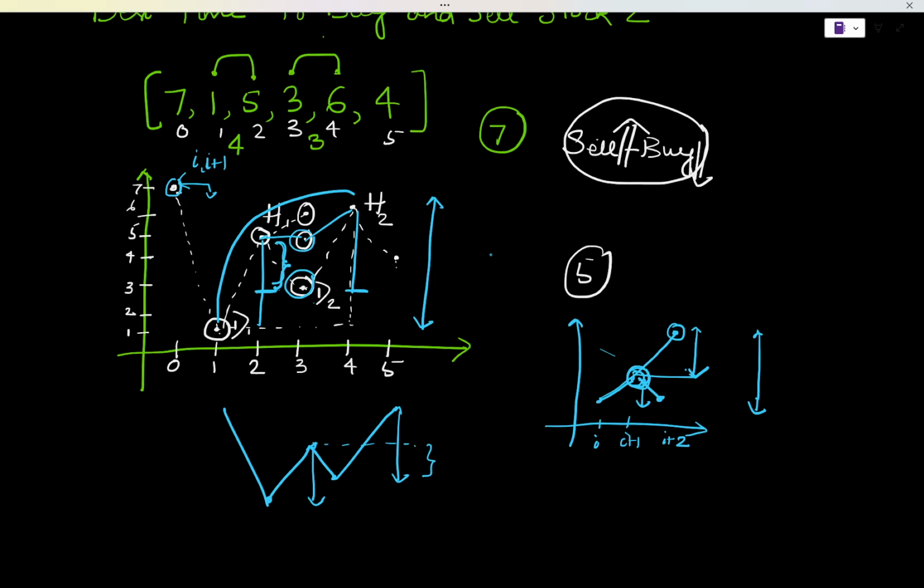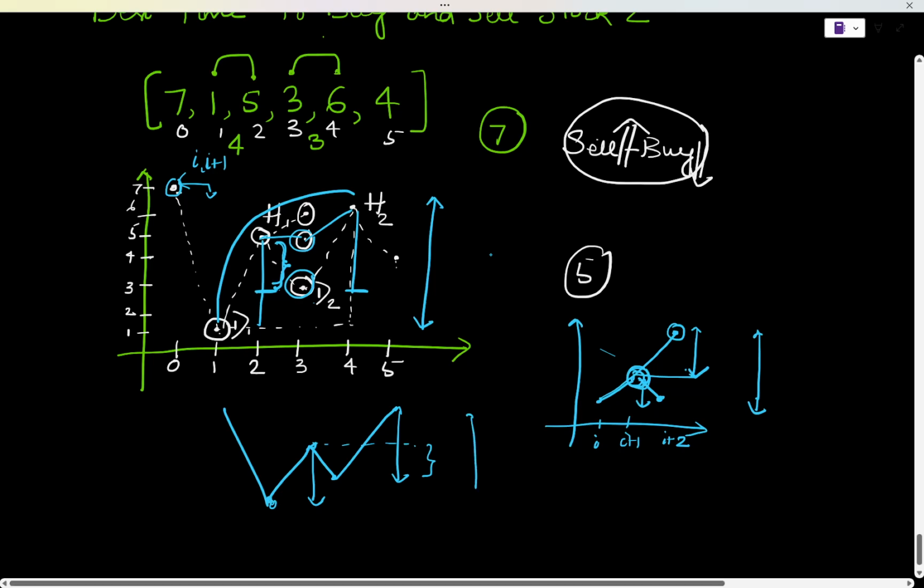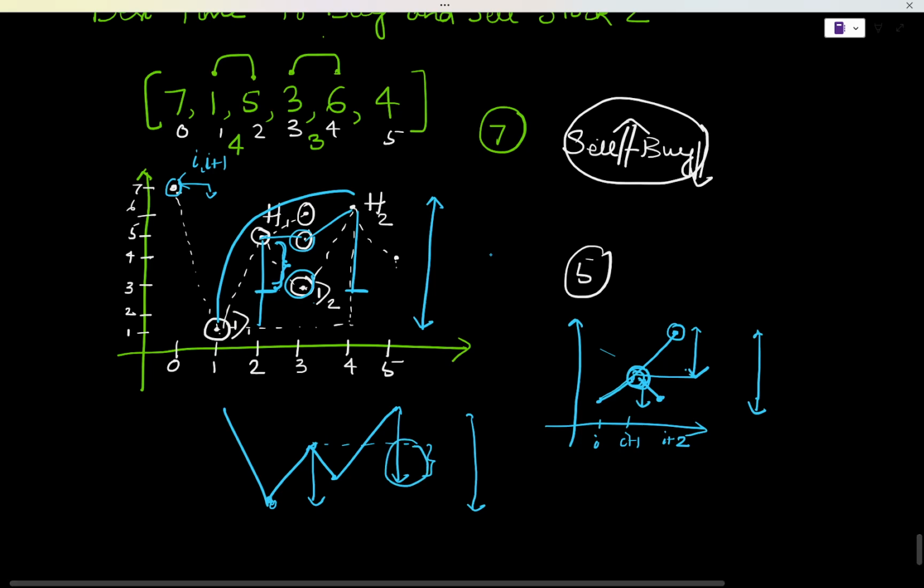This is the additional profit that you are getting. If you bought here and sold here, you would have got only this much. Here you are getting this additional part as profit. So it always makes sense to buy at low points and sell at high points. And how to implement this? Consecutive indices, if the difference is positive, just add it up, because in the end, chunks are going to add up giving the same value.